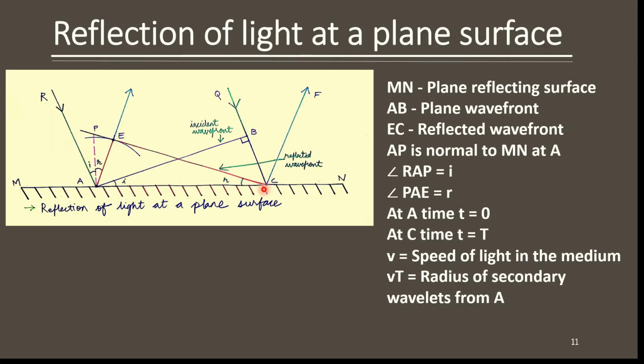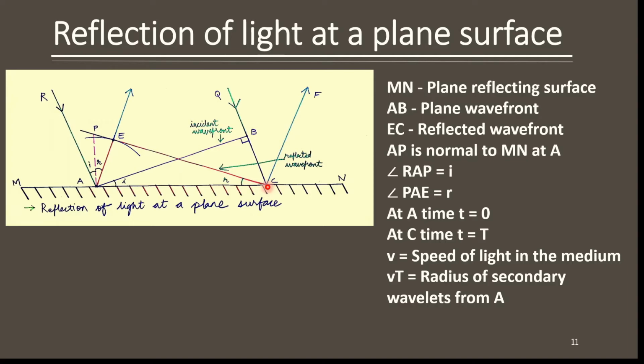If you observe the figure carefully, you will notice that the radii of wavelets between points A and C gradually decrease from Vt to 0. At A, the radius is Vt. Then it goes on decreasing and at C it becomes 0.